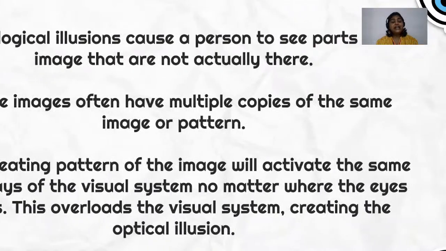Moving to the next line, physiological illusions cause a person to see parts of an image that are not actually there. These images often have multiple copies of the same image or pattern. The repeating pattern will activate the same pathways of the visual system no matter where the eyes focus.